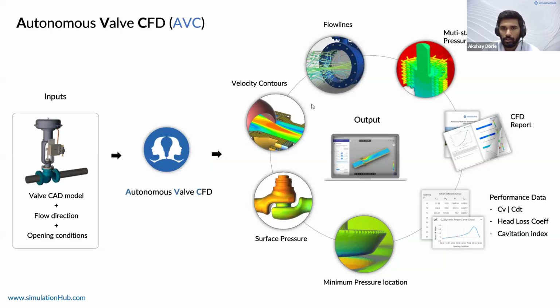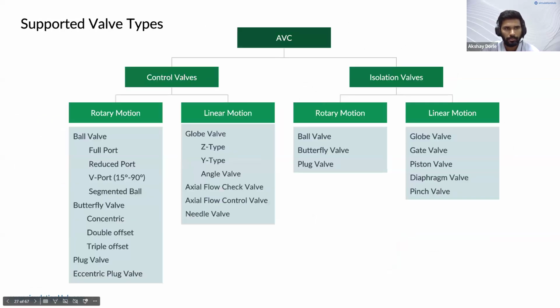All of these qualitative and quantitative results are consolidated in a report, which is again generated autonomously, which is available after the simulation is done. So that's the power of the Autonomous Valve CFD.